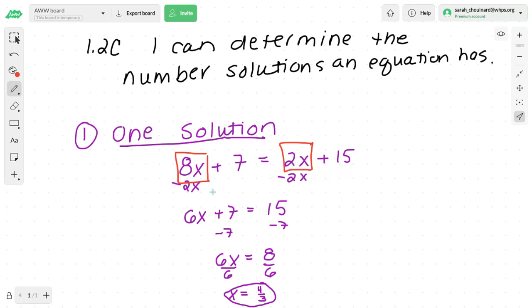So when I went to get the variable to one side, I ended up having 6 x's remaining. So I still had a variable in my equation I was solving. So if you start off with an equation that has different coefficients, different numbers in front of the variable, then you know automatically you're going to have one solution.